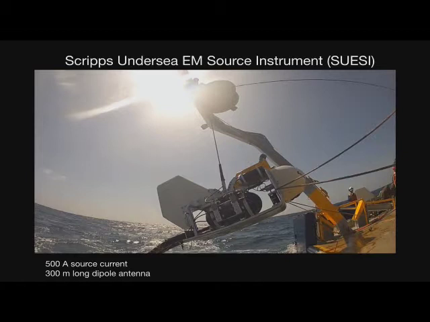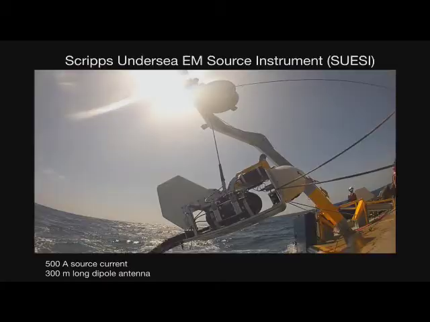It's about this big, and so that transforms the high voltage into a high current signal. And then we have some switching circuitry, which basically generates the waveform that we want to transmit across the electrodes. And then we have an antenna here where there's two cables going out to an electrode. One electrode is close to the transmitter, and then the other electrode is actually 300 meters away. So we've got this 300 meter long antenna that we're towing right above the seabed.